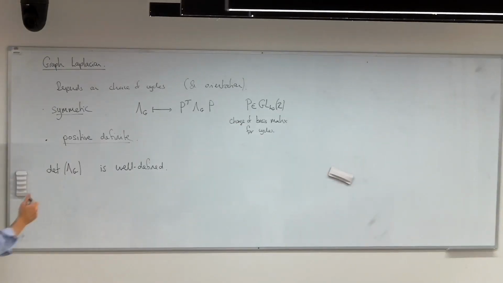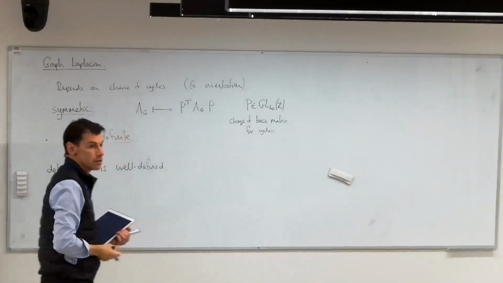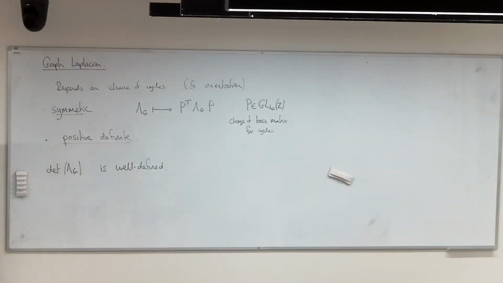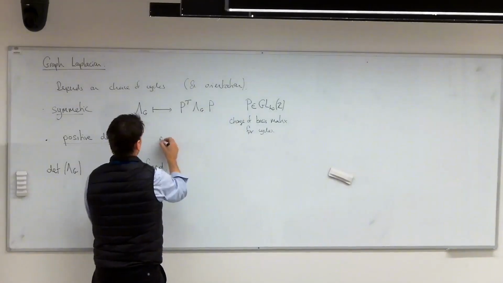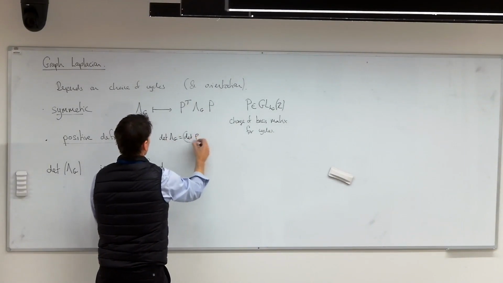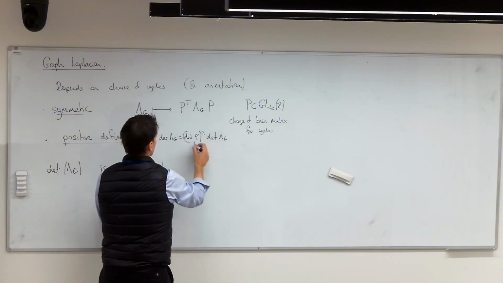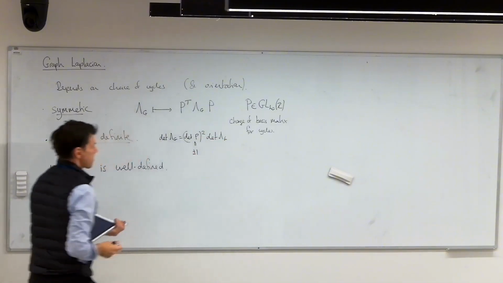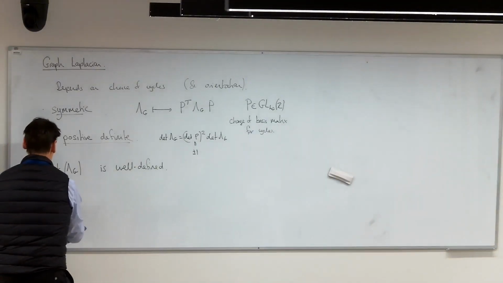If it was a 1 by 1 matrix, I could just multiply my cycle by minus 1. It's a GL, so the determinant is plus or minus 1, but the determinant is well defined because det lambda G equals det P squared times det lambda G, and det P is plus or minus 1, and so det lambda G is well defined.